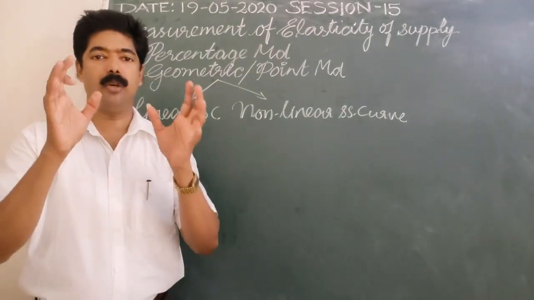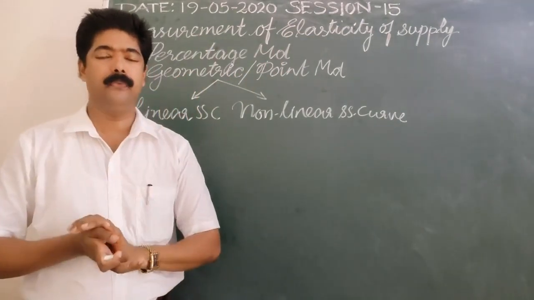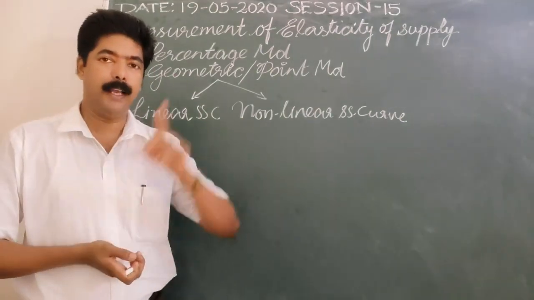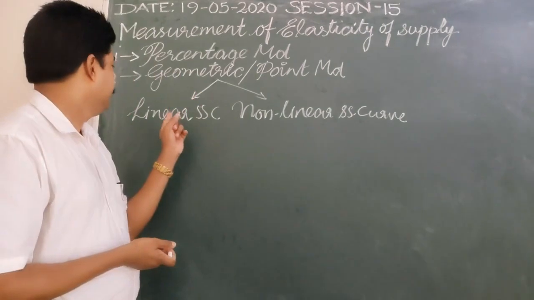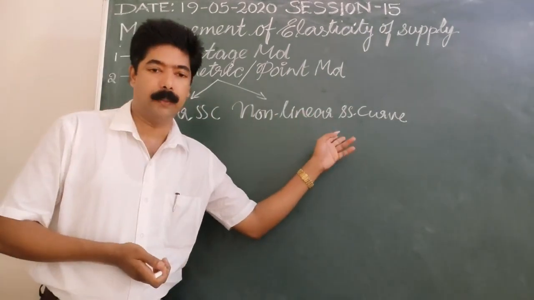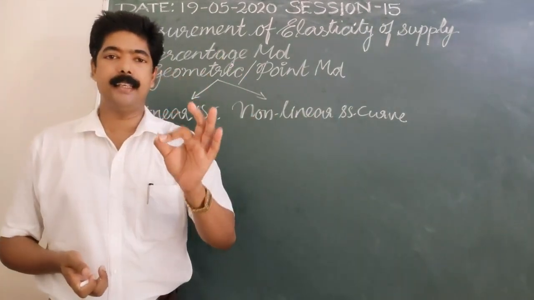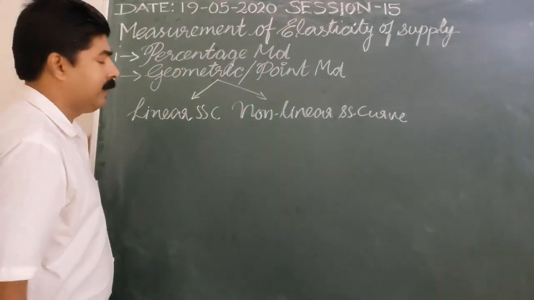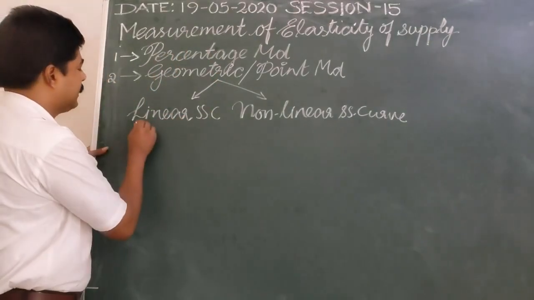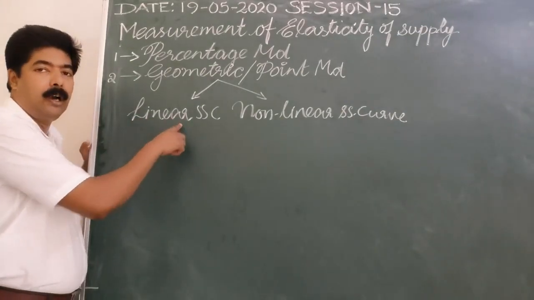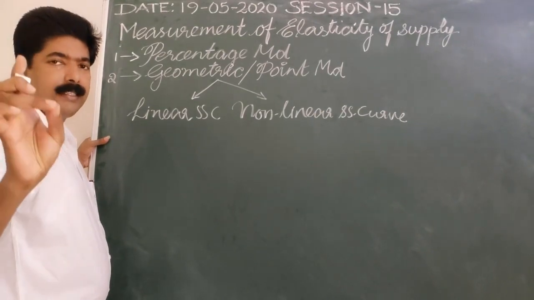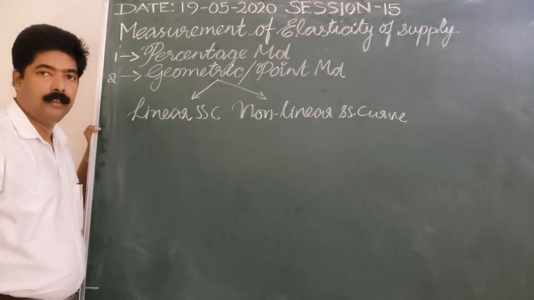So let us draw different diagrams that show how to calculate the price elasticity of supply by linear and non-linear supply curves. In linear cases, we will see three types of values we can calculate under the linear supply curve, and all these three types of values are equal to 1, less than 1 and greater than 1.